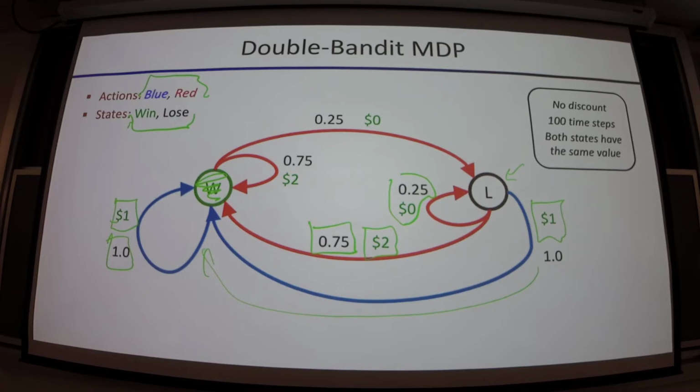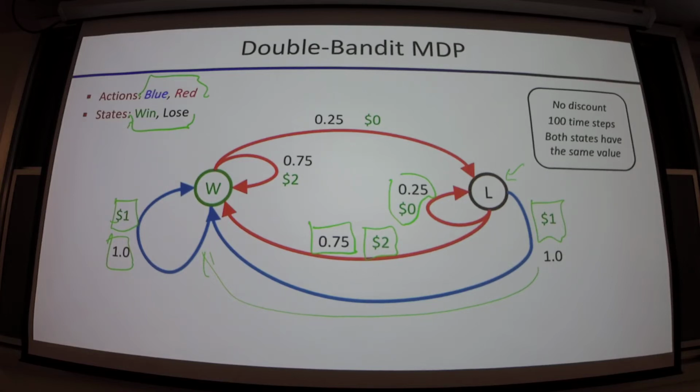Okay, so let's say we want to solve this, right? And so that means what we really want is an optimal policy. What that means is we need a set of V stars for this, right? So what is the optimal expected value? Well, let's not go into it that deep, actually.